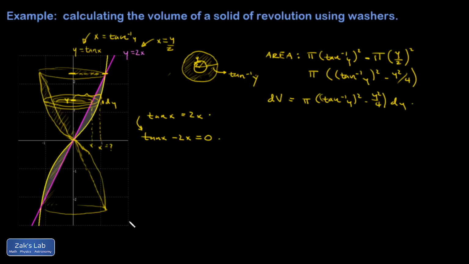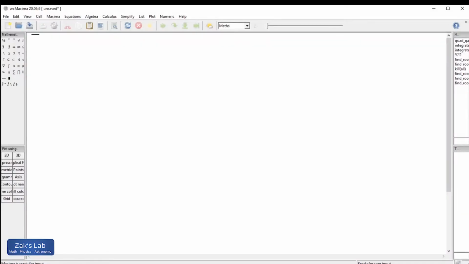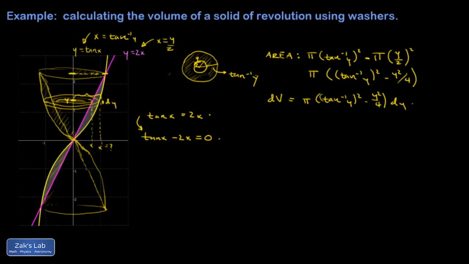Alright, so let's toggle the Maxima real quick. I'm going to use the find_root function for this. So I go find_root, tangent of x minus 2x. Then I have to give an interval to look on here, and be careful about this because the tangent function is periodic.